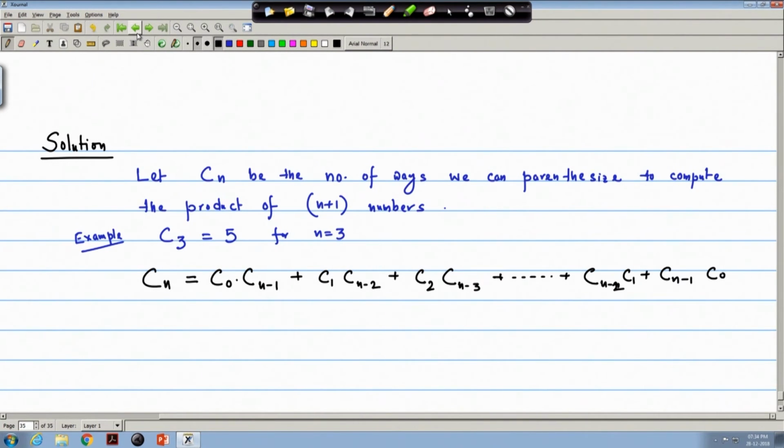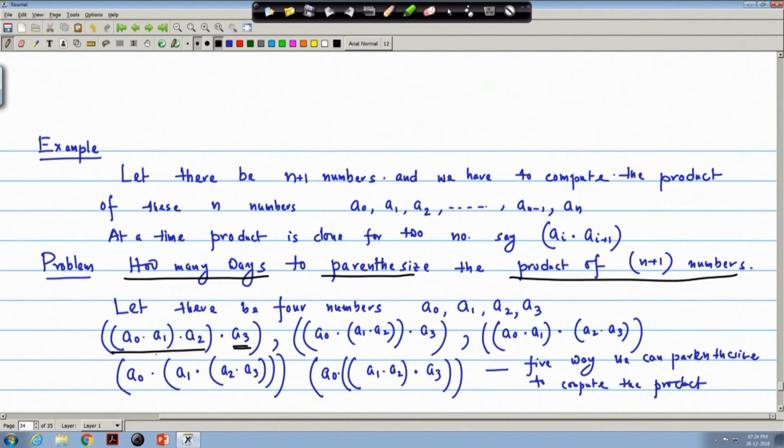Again, we just see the way we have done A0, A1, A2, A3, and this is the way we have taken it, the reverse thing. Similarly, here it is reversed and this is only one.